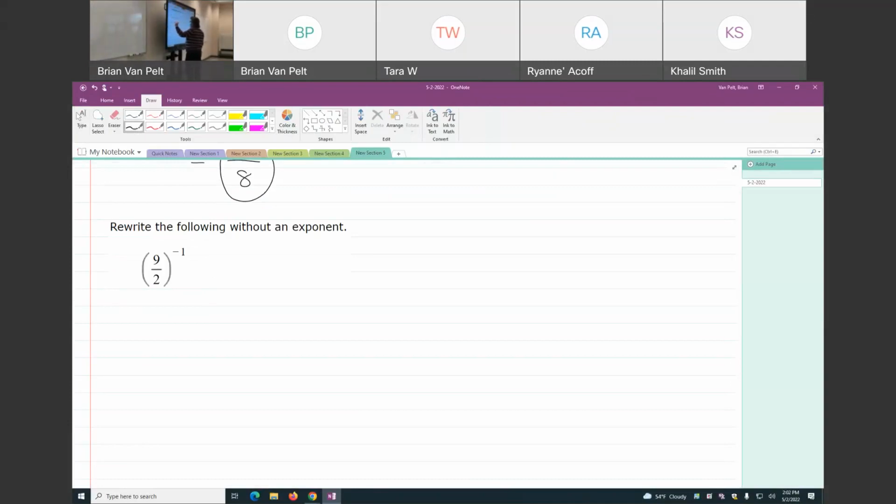So the negative does this, it changes it, takes the reciprocal, but now it's raised to the positive 1 power. And anything raised to 1 is just itself. So this just equals 2/9.